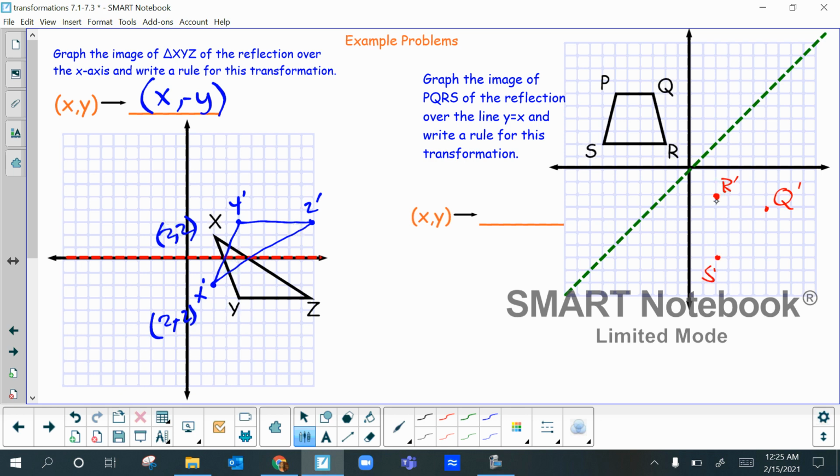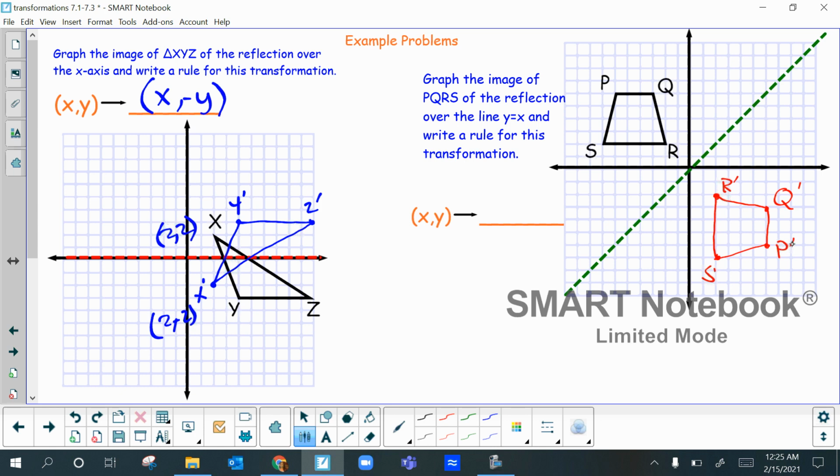Oh, so you can see how it ends up being drawn out. Again. And this is 3 units, 1, 2, 3. So P prime is going to end up being right there. Okay, so a lot of people think it ends up looking different, but this is the exact reflection over the line y equals x.